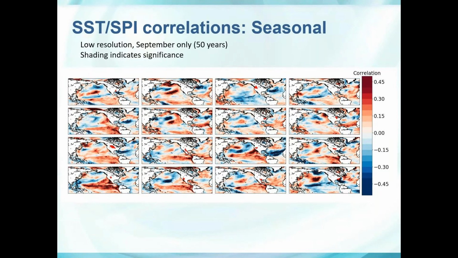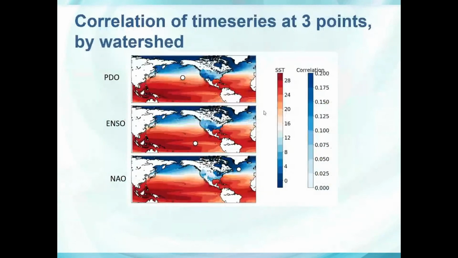So what this is telling us is that these oscillations are driving the variability in precipitation in the different watersheds. This figure is just a different way of plotting that. It's a quick comparison of deseasoned temperature in the rough location of where these oscillations occur with the SPI in each of these watersheds.